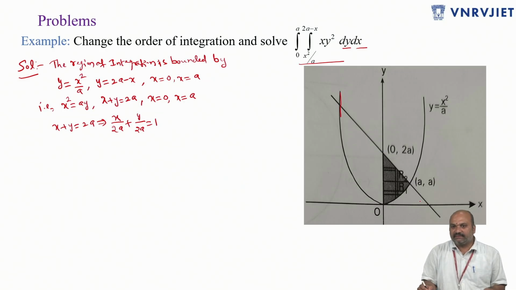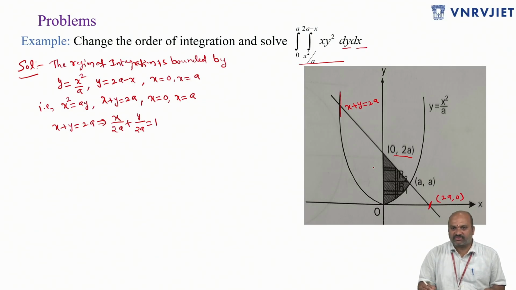So this line intersects the x-axis at (2a, 0) and the y-axis at (0, 2a). Joining these, we get the straight line x plus y equals 2a.